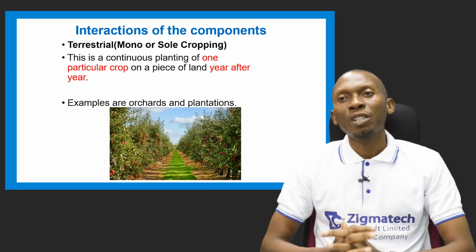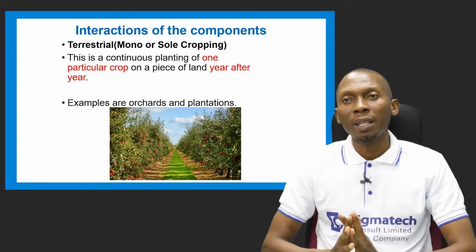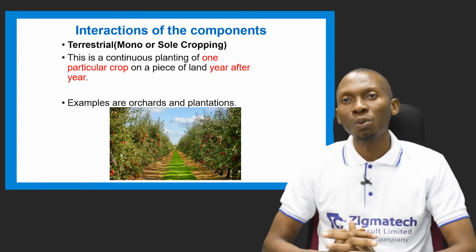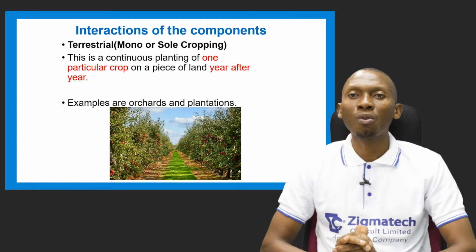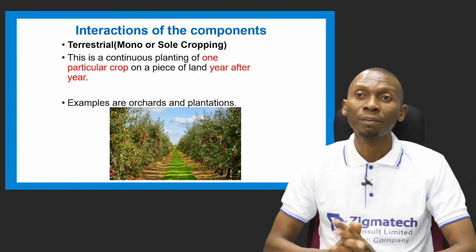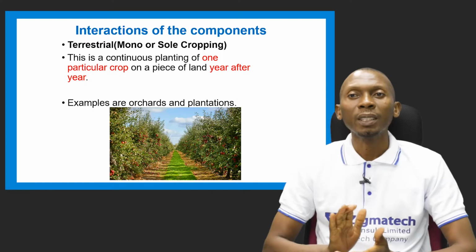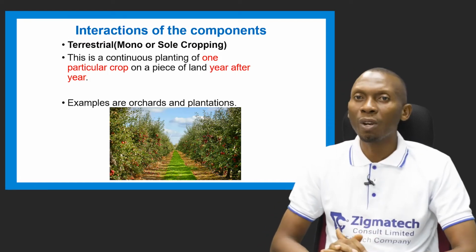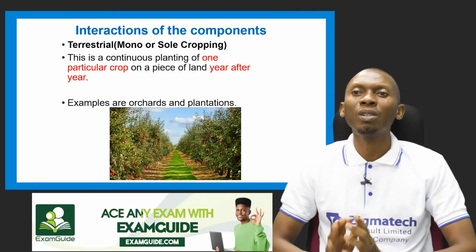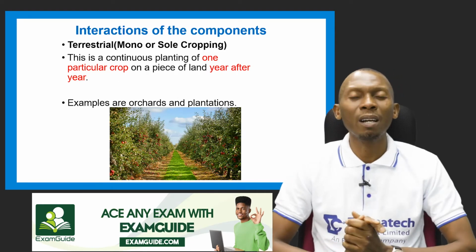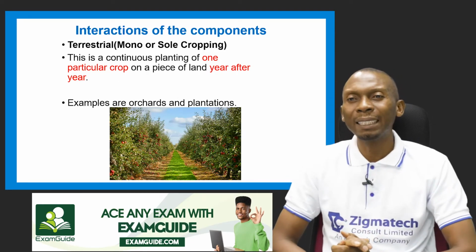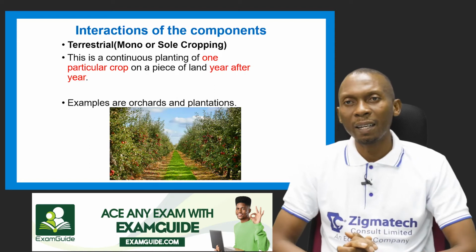Now, another interaction of the components in an ecosystem has to do with what is called mono or sole cropping, which is in a terrestrial habitat. Now, what is monocropping or sole cropping? It has to do with the continuous planting of one particular crop on a piece of land year after year.